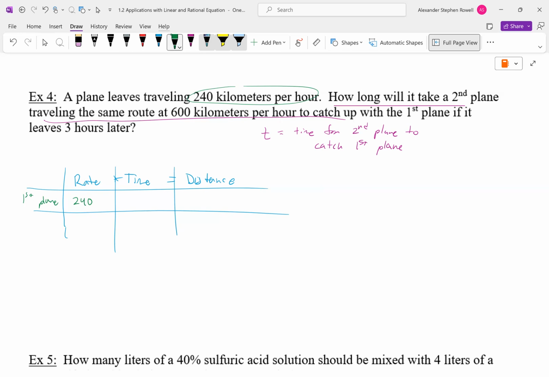What else do we know? Well, I see 600 kilometers per hour. What's that? Right, the second plane. It's going 600 kilometers per hour. Okay, what about the time traveled? Do I put t in the time box for the first plane or t in the time box for the second plane?